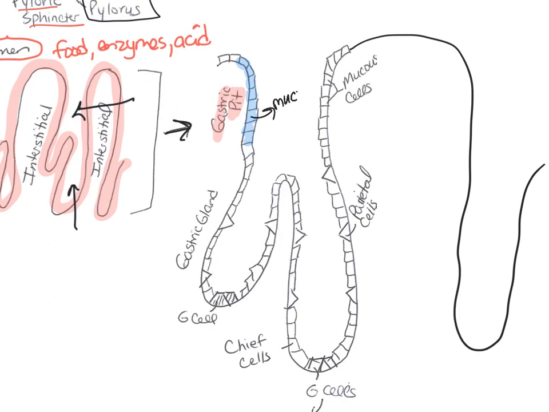The mucus lines the whole stomach, and it serves as a protection of the stomach wall so that it won't be destroyed by its own secretions. Okay, so that mucus just lines the entire stomach wall. It also makes it very difficult for anything to be absorbed through the stomach, but it is protecting it.